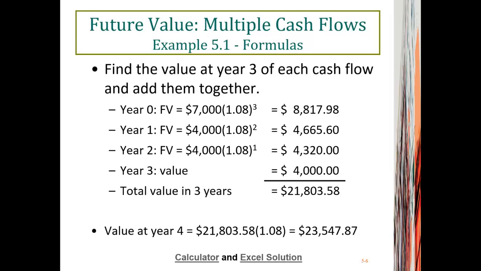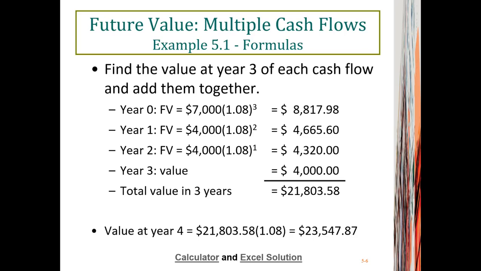In this question, we have a total of 4 cash flows to deal with. At time 0, we have a cash flow of $7,000. That is the current deposit in your bank account. And for years 1, 2, and 3, we will have $4,000 for each year.